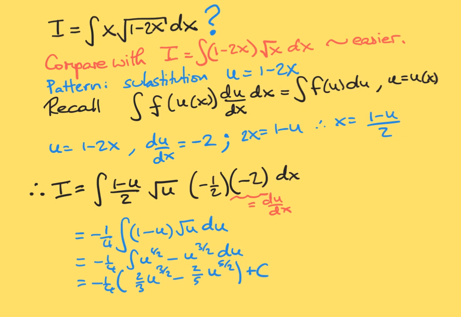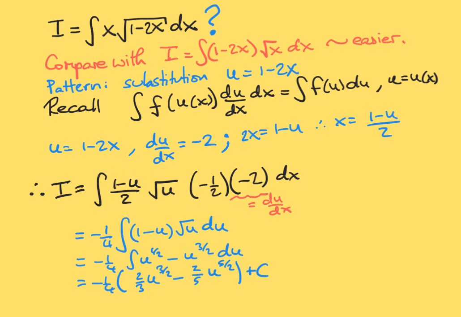We'll keep this factor as the du dx that we need for the formula, and this minus a half that multiplies everything, we'll just put it in front of the integral, because that will make the integral look a little bit less intimidating. So our integral is, we're taking this minus a half outside, there is also a factor of a half here, this is divided by 2, so not forgetting the 2 here as well as the minus a half, we pull out a factor of minus a quarter in front of the integral.